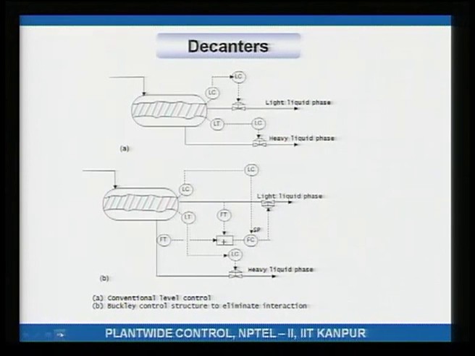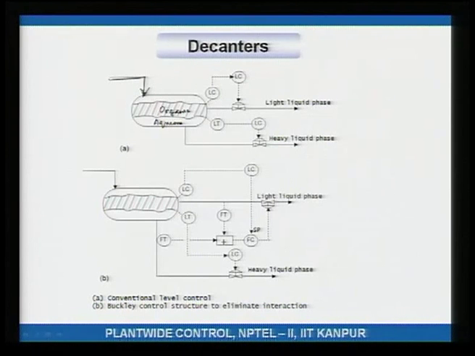Decanters. So, here is a liquid stream which is a mixture of two immiscible liquids, typically an organic phase and an aqueous phase. If you put it in a tank, this will be aqueous and this would be organic.